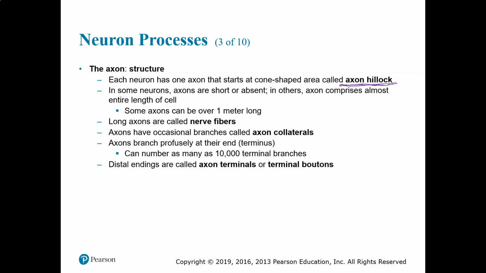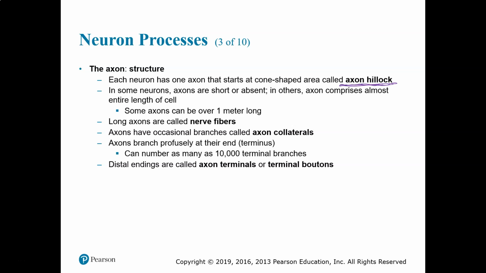If you have long legs, your sciatic nerve or your femoral nerve would be the longest of the leg nerves, and they can be over 1 meter long depending on how tall you are. So axons can be very, very long structures. These are some of the largest cells in the body, these neurons.